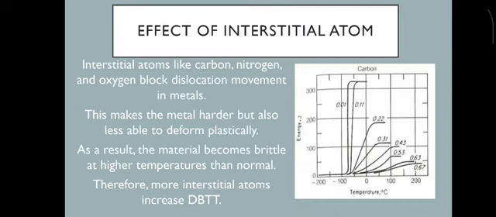Next, the effect of interstitial atoms. Interstitial atoms like carbon, nitrogen, oxygen, and some more like manganese block the dislocation movement. This makes the metal harder but also less able to deform plastically. As a result of these interstitial atoms, the material becomes brittle at a higher temperature than normal.